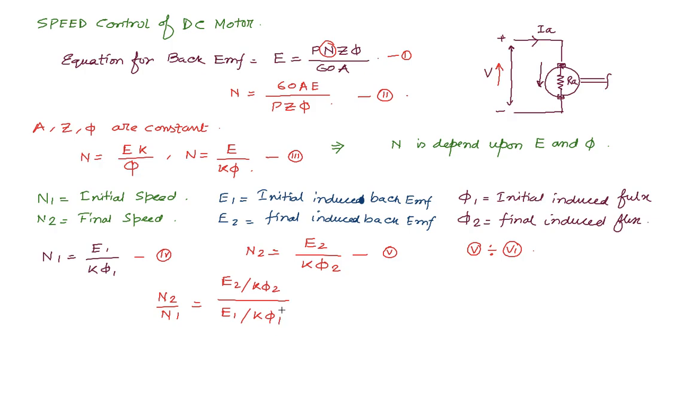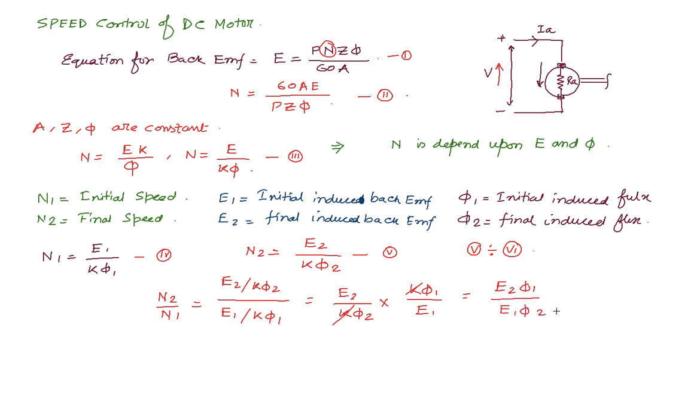N2 by N1 can be simplified as E2 by K phi 2 into K phi 1 by E1. The K cancels out, so E2 into phi 1 is equal to E1 into phi 2.